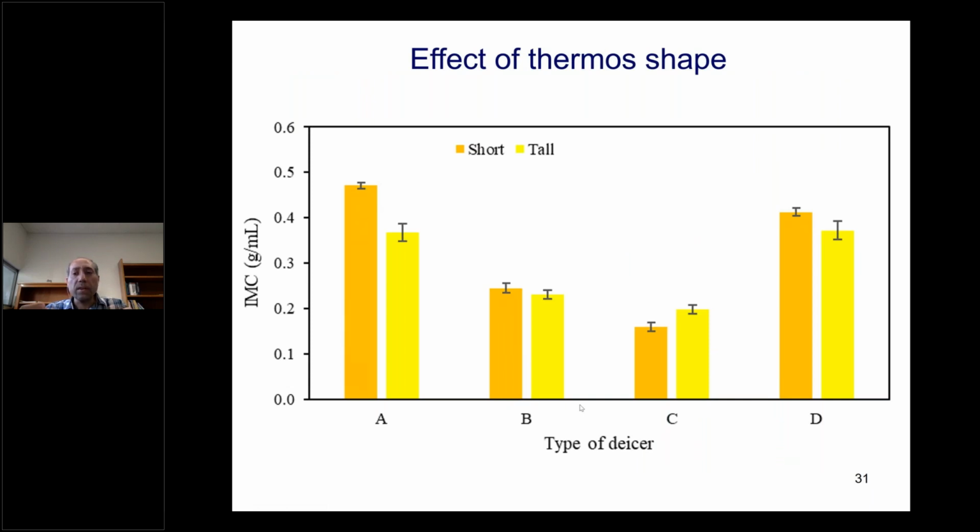We just tested two commercial deicers for 0 Fahrenheit and two commercial deicers for 15 Fahrenheit, actually to decrease the number of experiments that we want to do.